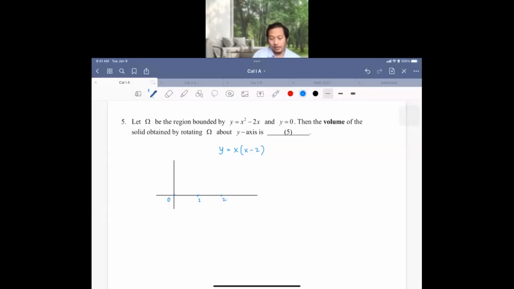I think the maximum will be 1. Or even the minimum, sorry, should be going to be down here. So this is 1, then this is negative 1. Now it's rotated about the y-axis.